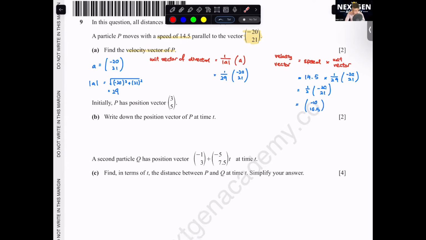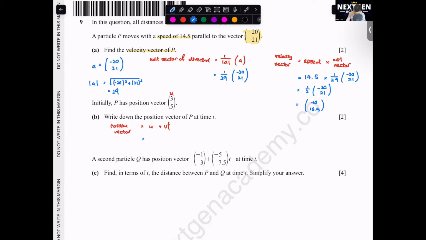Okay, let's go to question B. Initially, P has position vector 3, 5. Write down the position vector of P at time t. So initially means this is U. Remember this formula? Position vector is equals to U plus Vt. This is the very last thing we learned in vectors.